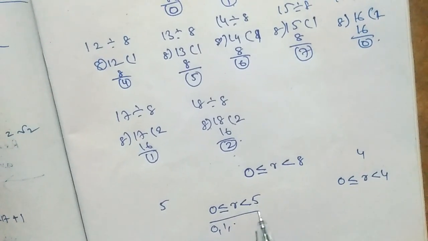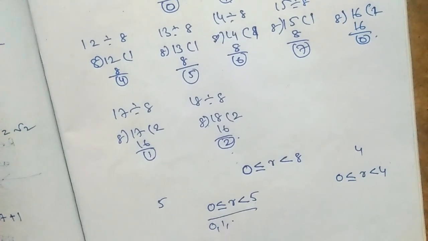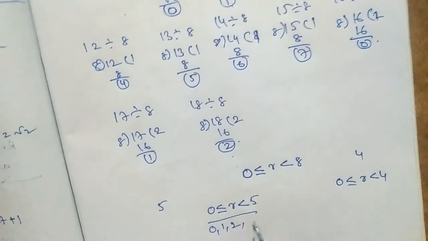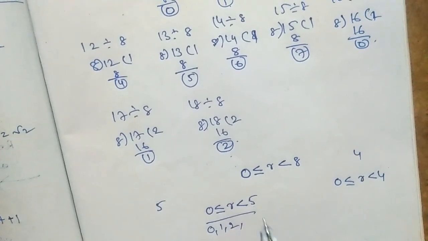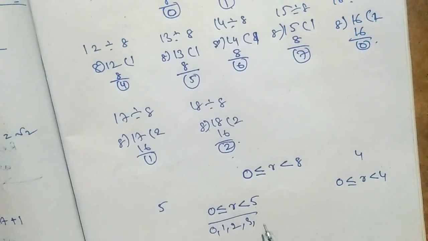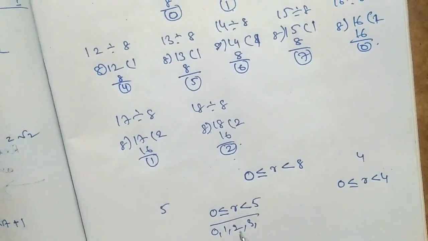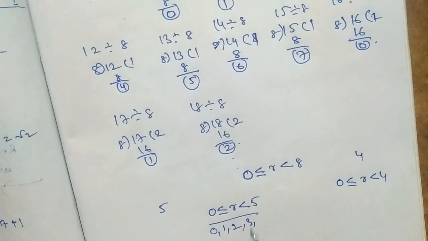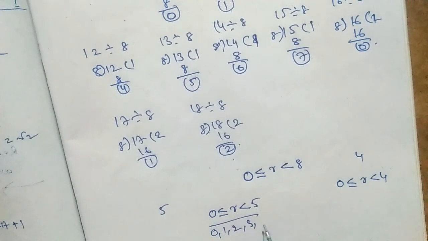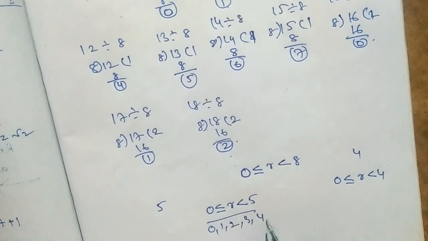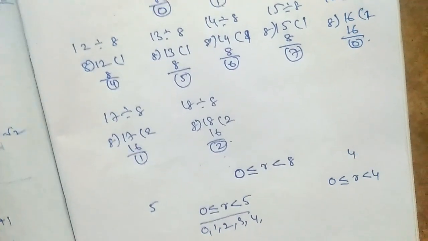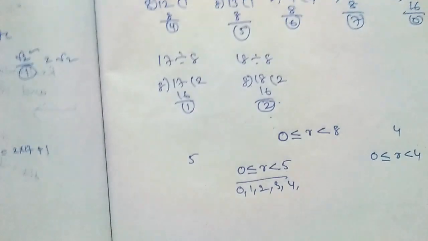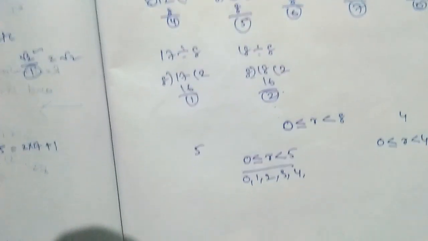If you take 5, 5 divided by 5 leaves 0. If you take 6, 1 remainder. If you take 7, you get the remainder 2. If you take 8, you get the remainder 3. If you take 9, the remainder is 4. If you take 10, it is completely divided by 5, you get 0. Understood?